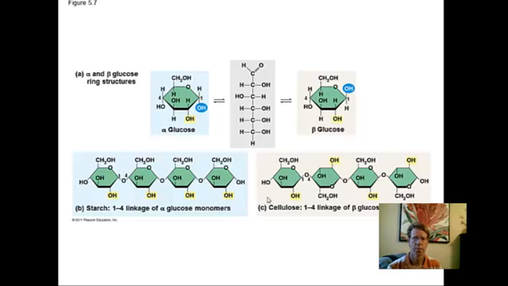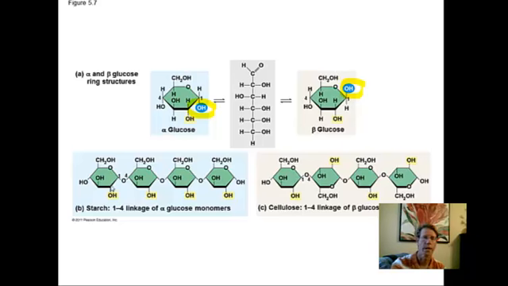The alpha form and beta form, the big difference is how we orientate this hydroxide. So on carbon number 1, the hydroxide is pointed down, and over here with the beta form, it's pointed up. That simple rearrangement of the hydroxide changes that molecule in such a way that it goes from being useful for energy for the cell to being completely worthless, useless to the cell for energy.